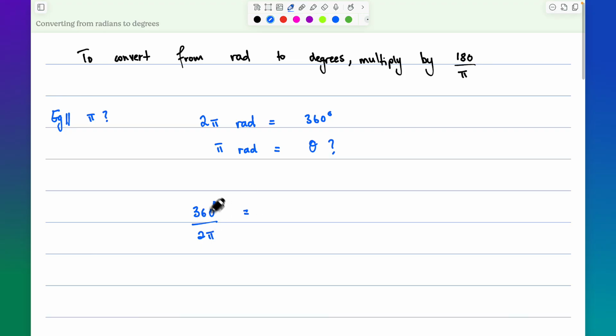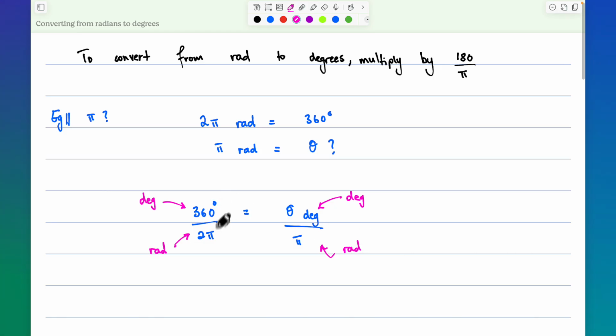This ratio should be exactly the same as whatever angle we're looking for, which is in degrees, divided by the angle that you've been given in radians. All we're saying is we have the first pair, the degree value and the radian value. The second pair that we're looking for should follow exactly the same ratio: degrees over radians.